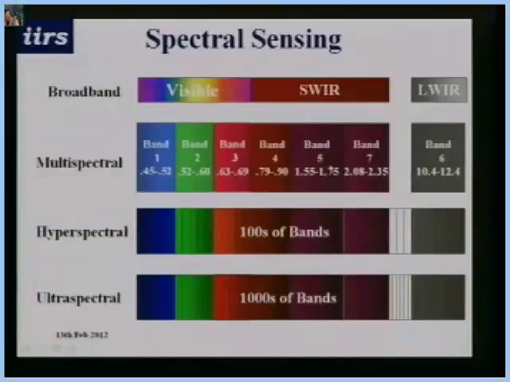For example, in Landsat you have 7 bands, and in IRS you have 3 bands. Then hyperspectral, where the bandwidth is of the order of 5 to 10 nanometers, and you have hundreds of bands available. Then we have ultraspectral remote sensing, where the bandwidth is less than 5 nanometers, and thousands of bands would be available.